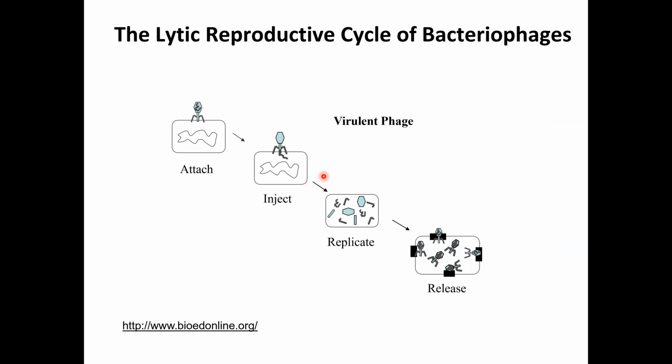So this is the principle or overview of the reproductive cycle of your bacteriophage. We have here the lytic phage stage, where the bacteriophage is attached to the cells, then some of the particles are injected, then it replicates inside the cells, and then it is released to destroy the cells.